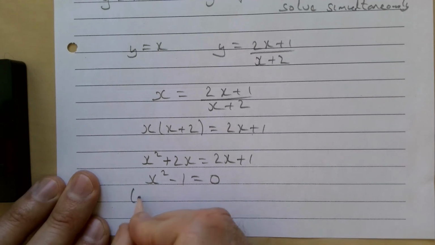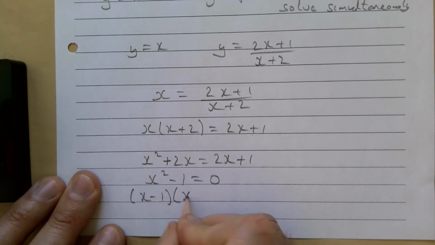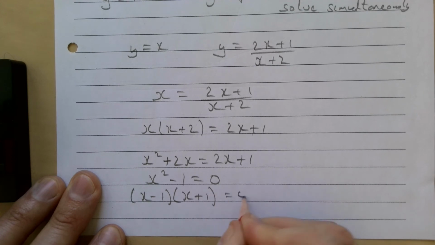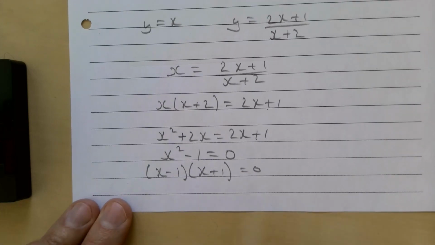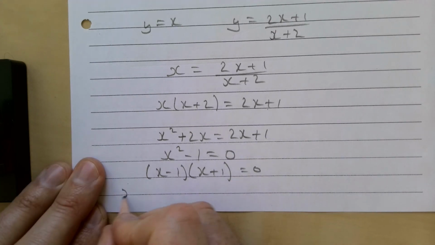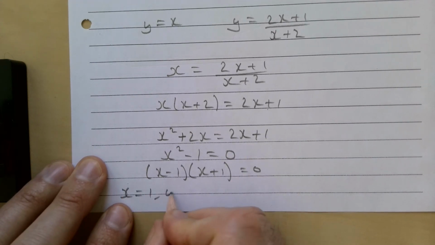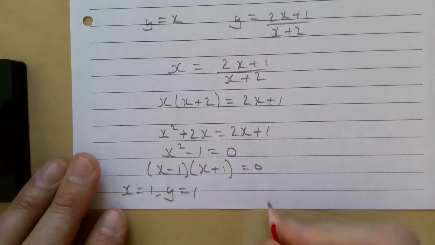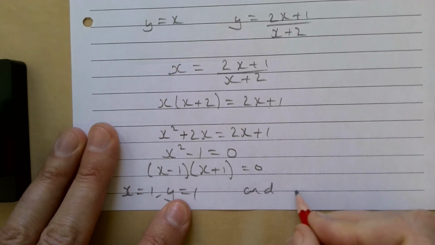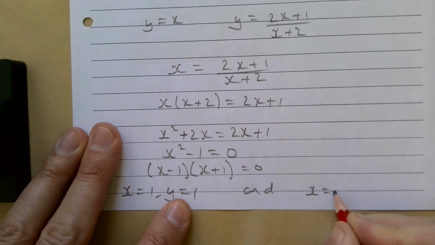That's just difference of two squares, so it's (x minus 1) times (x plus 1) equals 0. And of course the y coordinates have to be the same because that's where they intersect. So whenever we have x equals 1, then y equals 1, and whenever x equals minus 1, y equals minus 1.